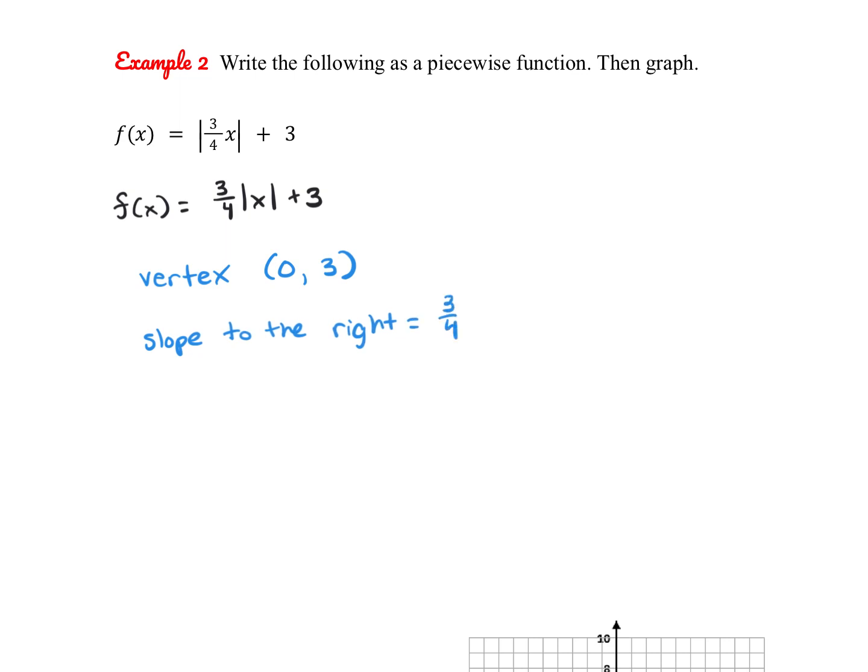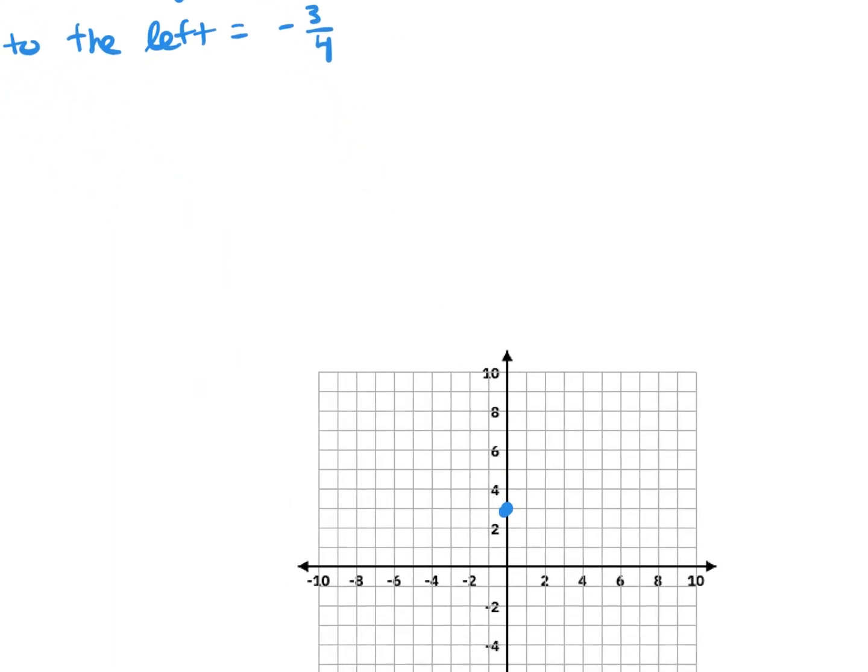And that means that the slope to the left of the vertex is going to be the opposite, -3/4. So if I go back to my vertex, moving to the right, I go up 3, right 4. I'll do that one more time.